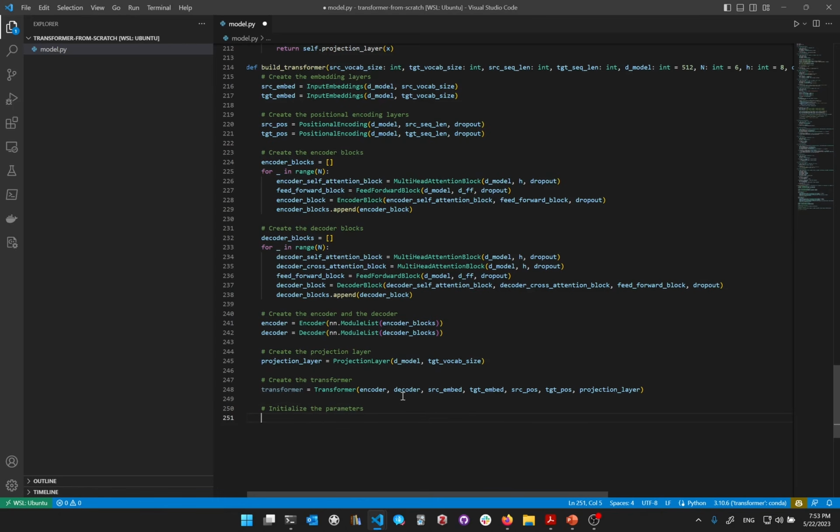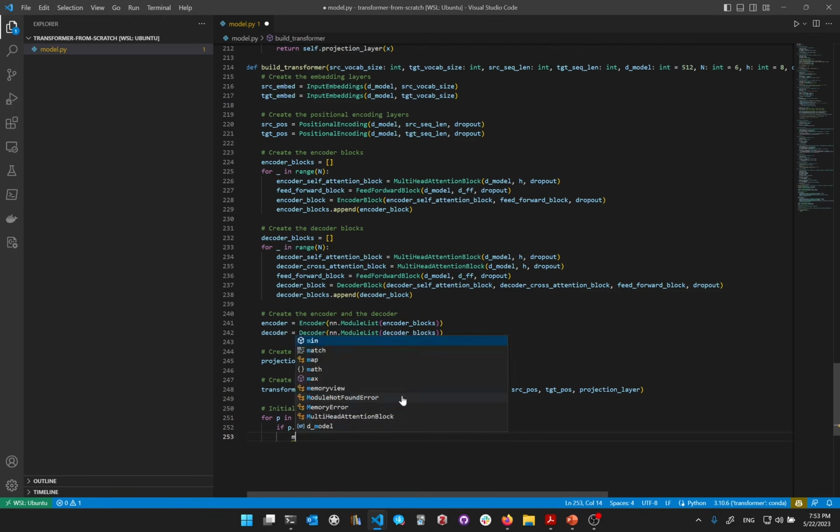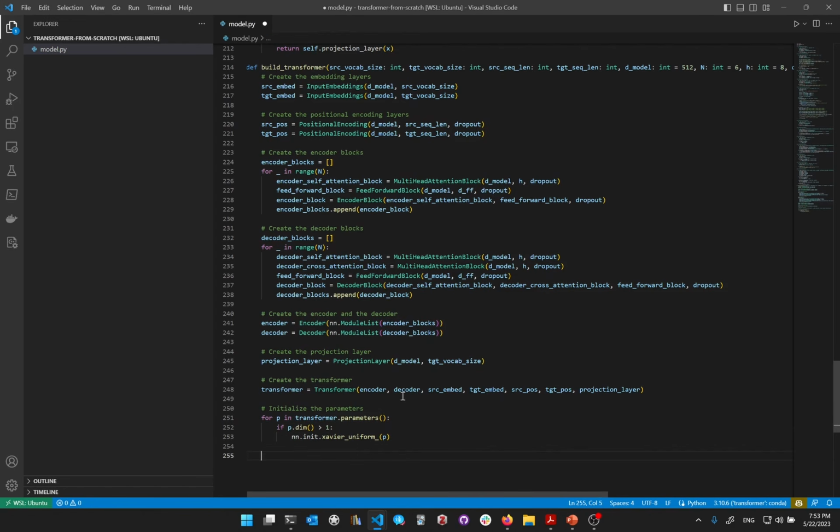I saw many implementations using Xavier, so I think it's a quite good start for the model to learn from. And finally, we return our beloved transformer. And this is it. This is how you build the model.